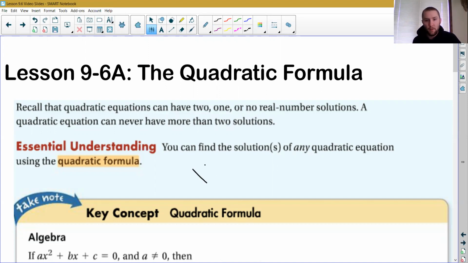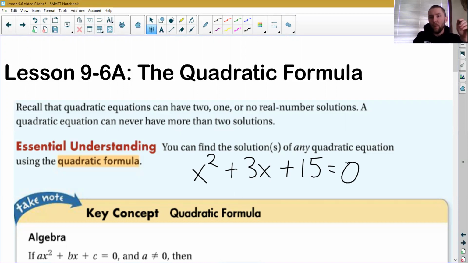For example, x squared plus 3x plus 15. This cannot be factored. There are no two numbers that multiply to make 15 and add together to make 3. 1 and 15, 3 and 5, they don't add up to be 3. So this can't be factored.